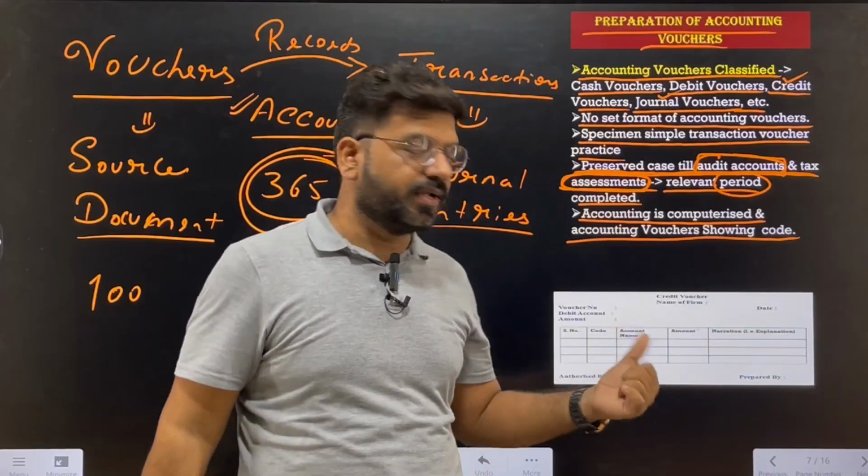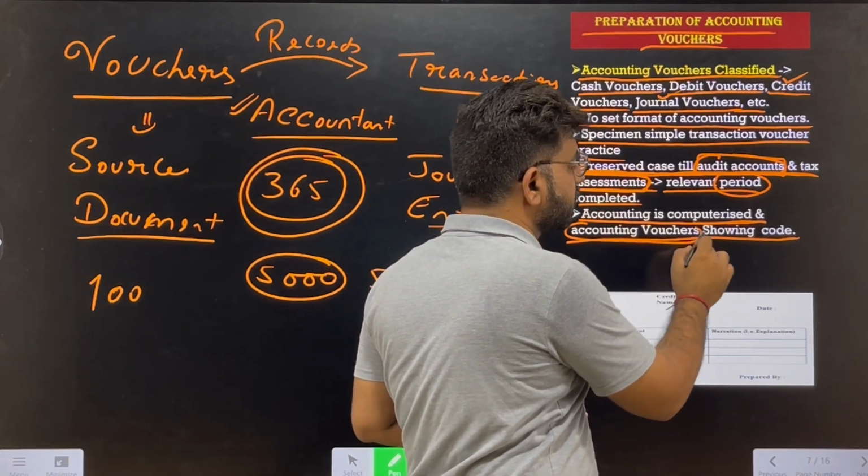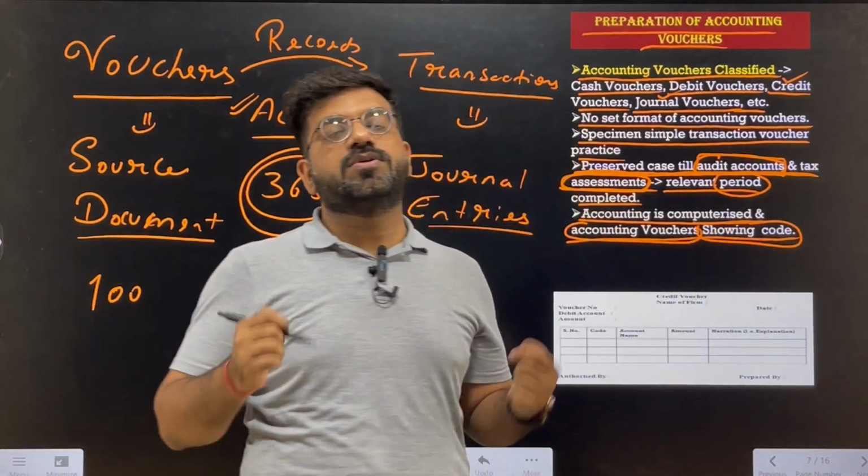Likewise, it has been written that the accounting is computerized and accounting vouchers showing code. Every voucher has a code that is basically the serial number and the date. Okay, so this type of recording is done with the help of the source document, because those are the main documents, the main evidence with which we can record the transactions.